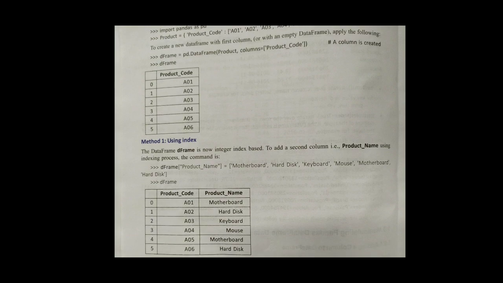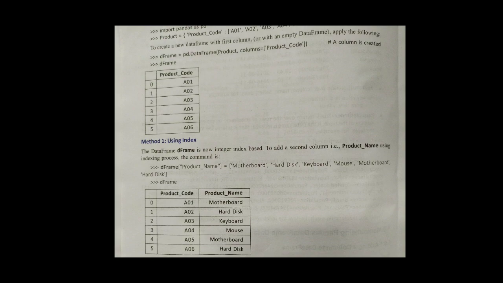Then the first method is method 1, using indexing. The data frame df is now integer index based. To add a second column, product name, using the indexing command. So firstly we added only one column, the product code. Now we want to add product name.